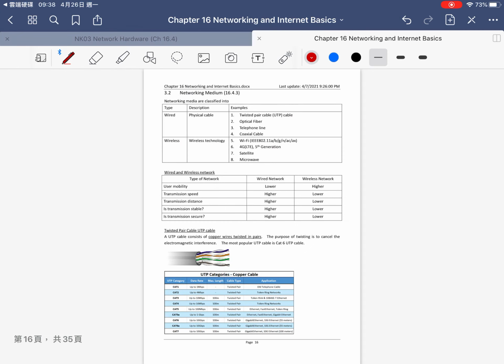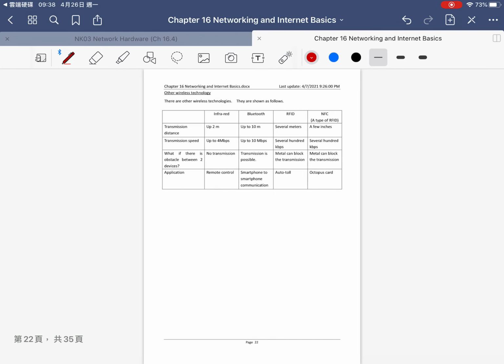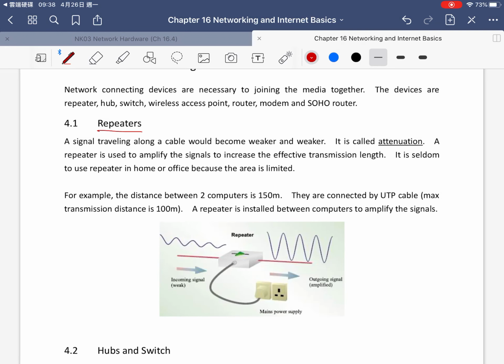I will show you the working principle of the repeater. This one is the repeater. The signal is weaker after it travels a long distance in the cable. The repeater will amplify the signal to a stronger signal, to increase the transmission distance. A signal transmitted through the cable becomes weaker and weaker.